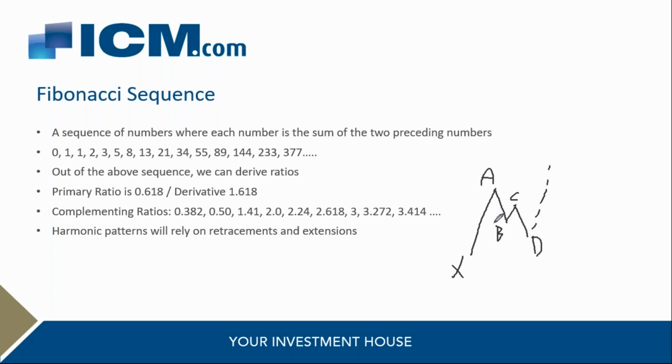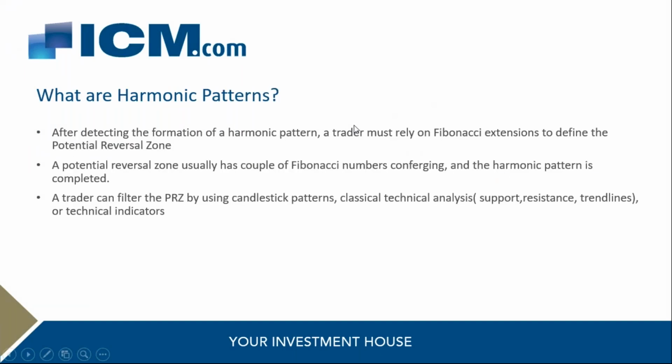So we first have a retracement or a correction for this move, and then here we have an extension for point D, which is also sometimes a correction of XA. It depends on the patterns, and sometimes we can see that the D point just crossed below X, which is also one type of pattern. So by using the Fibonacci retracement and extension, we will be able to have more precision on the pattern.